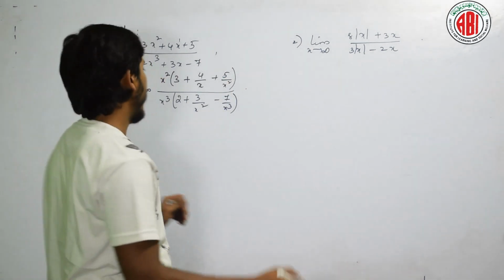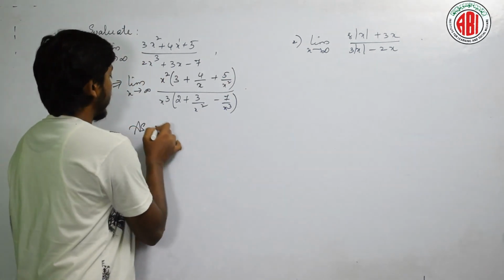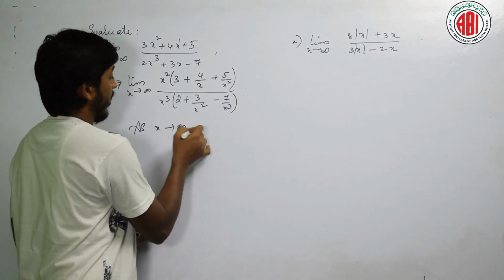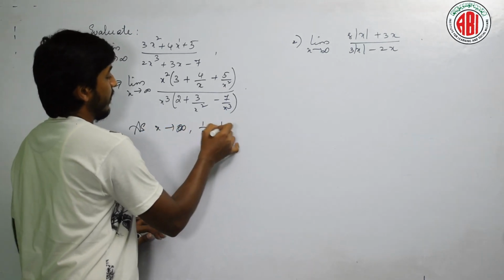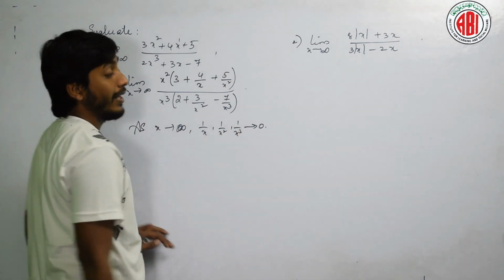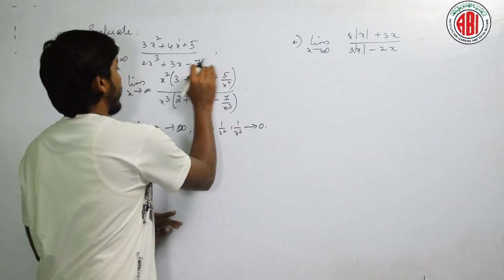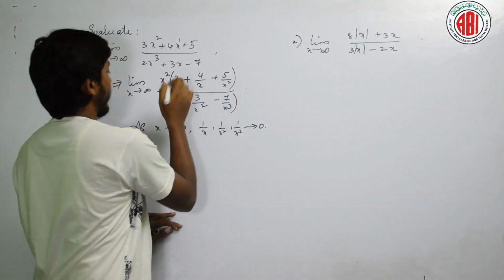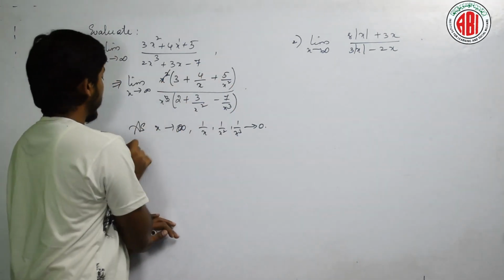Is it clear? Now tell me, as x tends to infinity, 1 by x, 1 by x square and 1 by x cube always tend to 0, which means each of these terms is 0. First let us cancel this.